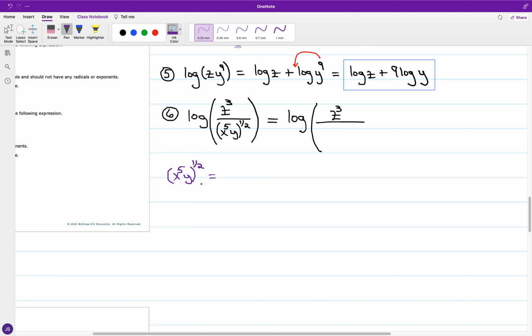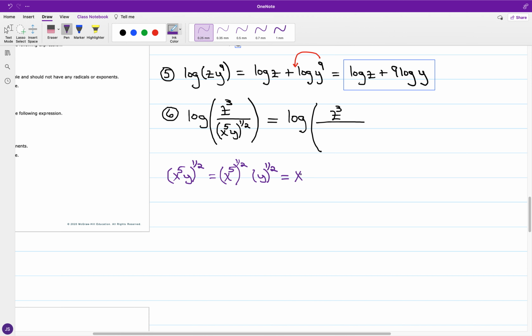Now we have different degrees in x and y. Taking care of x and y separately, we have x to the fifth, and since we have 1/2 on the outside, x to the fifth raised to the 1/2, and y is going to be raised to the 1/2. For a base to a power raised to another power, we take the product of the powers.